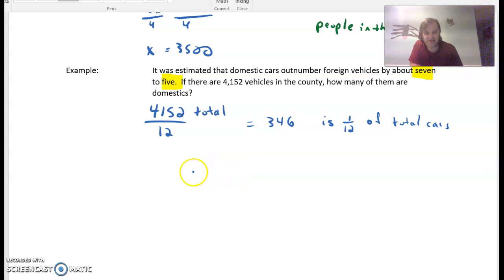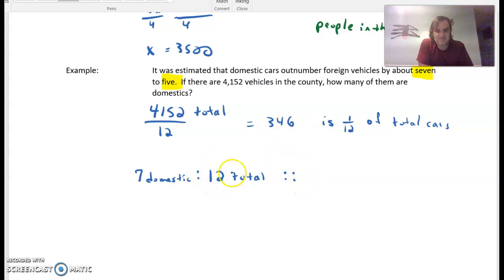When we say something along these lines, it says how many of them are domestic. So when we look at this, we could look at a couple of different things. We could say that we have 7 to 5, 7 domestic to 5 foreign, or we could say we have 7 domestic to 12 total. And that would be the 7 plus the 5. So as you can see, each one of these 12 parts is about 346. But what we're asked is how many cars are domestic.